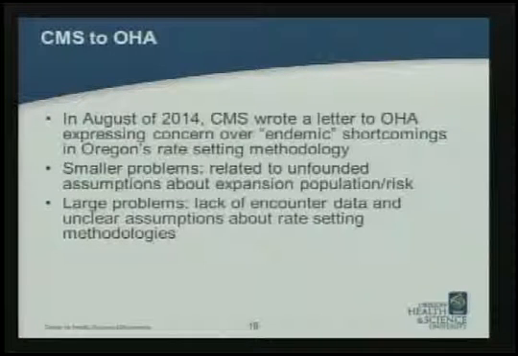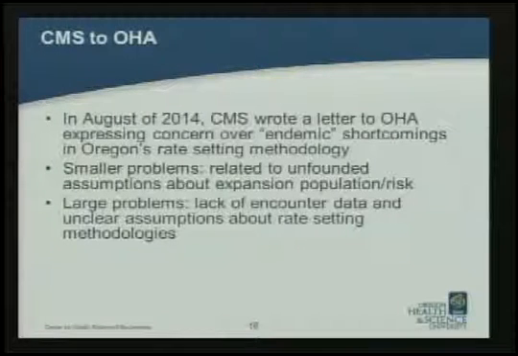So like I said, CMS was a little bit displeased with the idea of the cost template and told the Oregon Health Authority about that, saying that they had concerns over the endemic shortcomings in Oregon's rate-setting methodology from 2011 to 2014. So this is quite a big criticism to be levying against the state of Oregon.